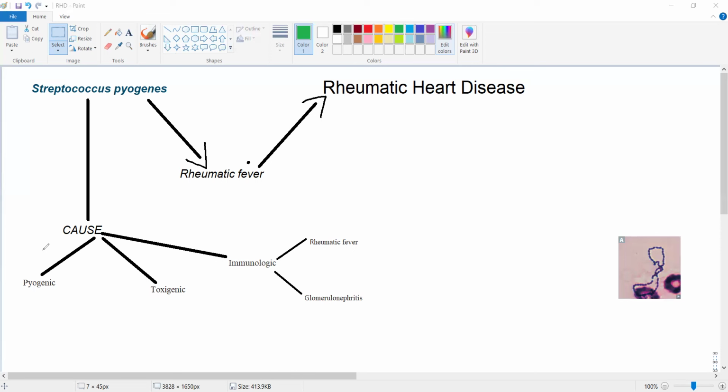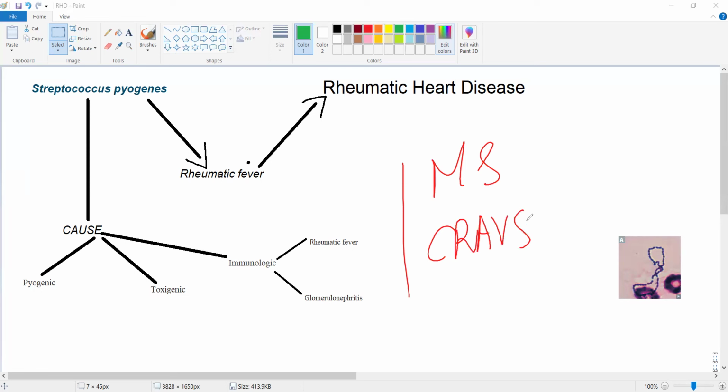Another important thing: type 2 hypersensitivity reaction is very important because all of the hypersensitivity reactions are high yield. I'm giving you an example. Sometimes they give you type 2 hypersensitivity, such as myasthenia gravis or Graves disease.